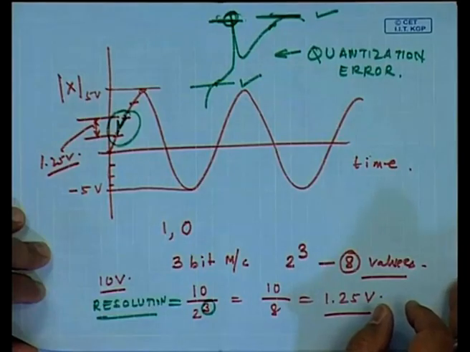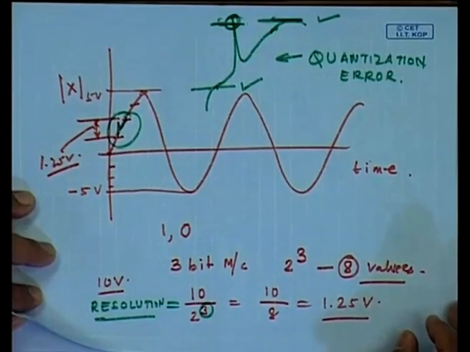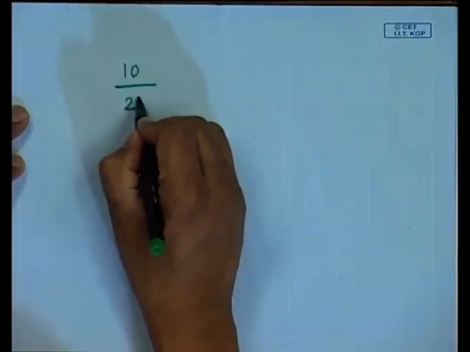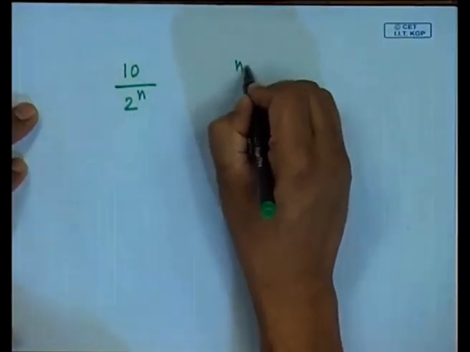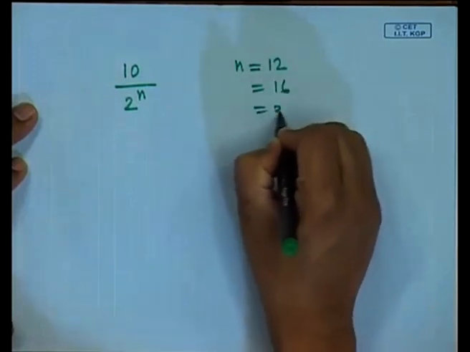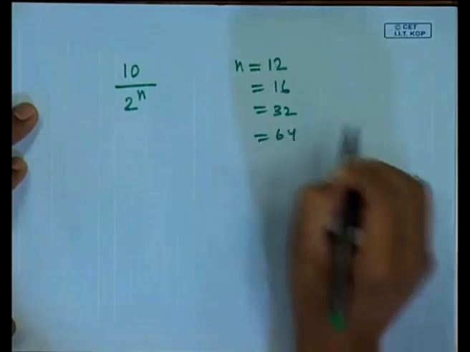And this can be avoided by, obviously, 2 to the power n, where n could be 12, n could be 16, could be 32, could be 64 and so on.